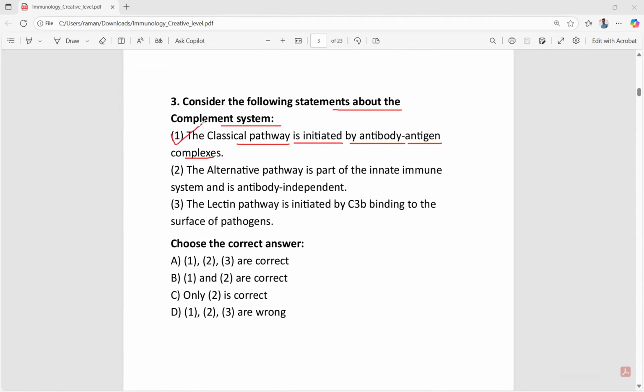The classical pathway is always initiated by the antigen antibody complex, so this is the right option. The alternate pathway is part of the innate immune system and is antibody independent, which is always antibody independent. The lectin pathway is initiated by complement C3b.